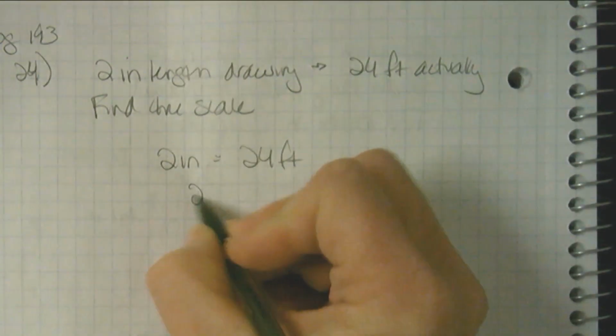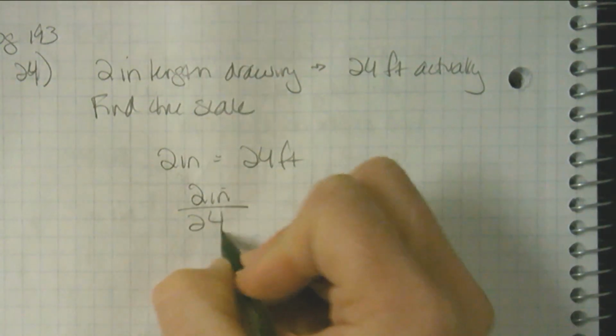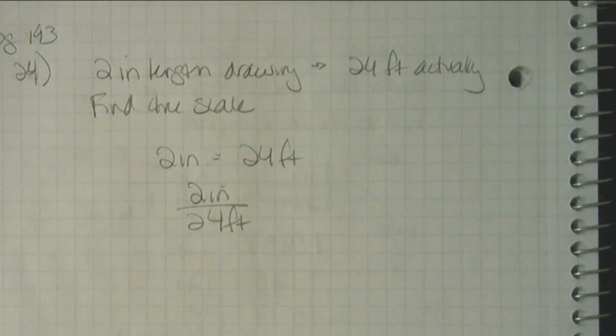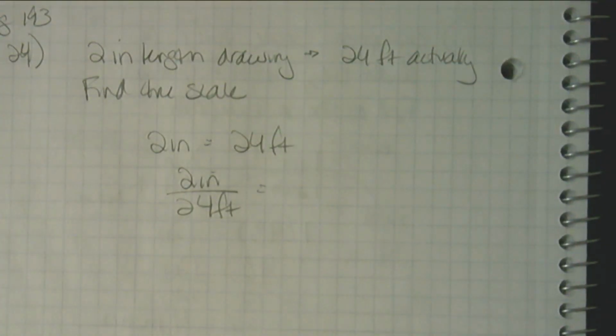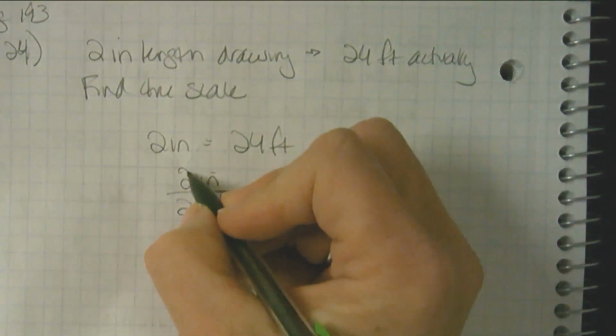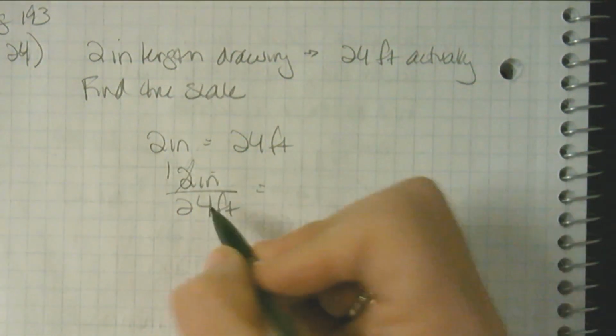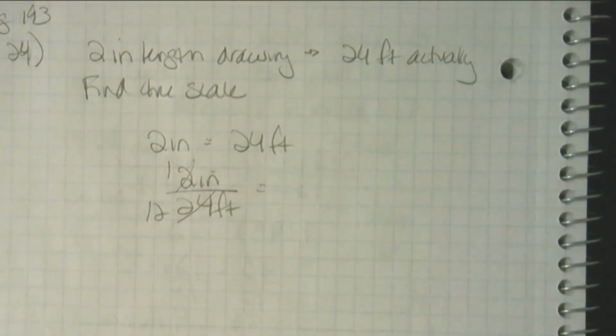So 2 inches over 24 feet. For this to be my scale, what does my numerator have to be? Matthew? A 1. So let's divide out common factors. 2 divides into itself once, 2 divides into 24, 12 times.